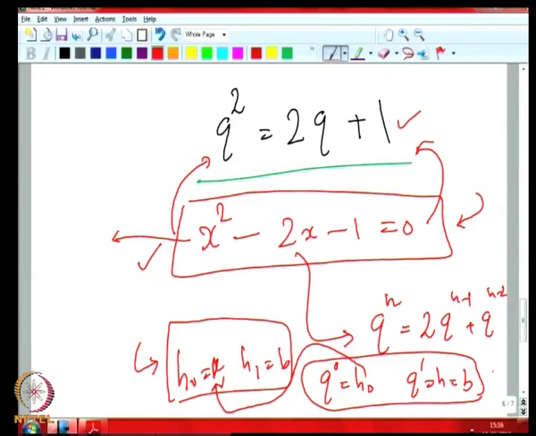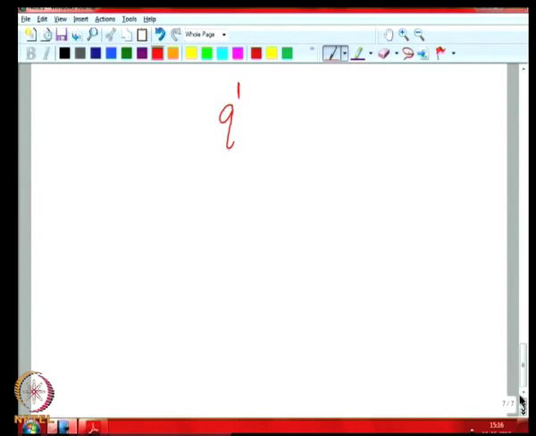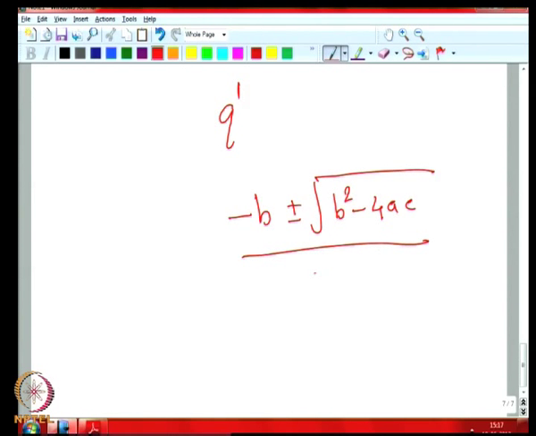If I solve it, the solution is minus b plus or minus root of b square minus 4ac, divided by 2a, for ax square plus bx plus c equal to 0.